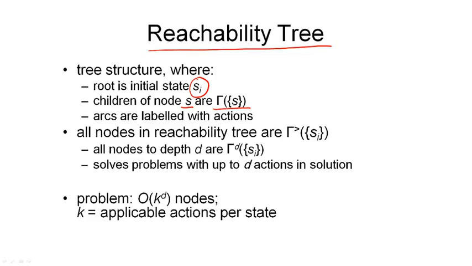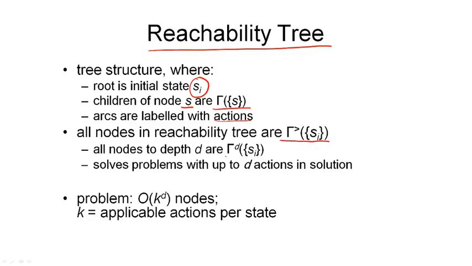And then we had the arcs labeled with the actions that correspond to the state transitions. That is the tree we constructed in forward search. Now, if we constructed the complete tree, it contains all the nodes that are reachable from our initial state. So this is a complete reachability tree for our planning problem.